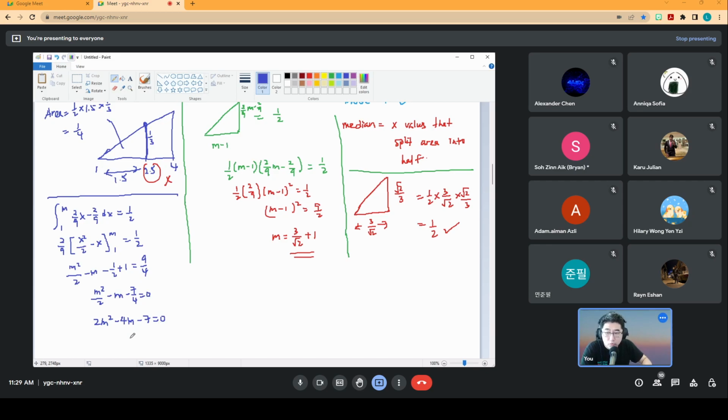I have m equals 2 plus 3 square root 2 over 2, and 2 minus 3 square root 2 over 2. Same answer. This one is rejected.